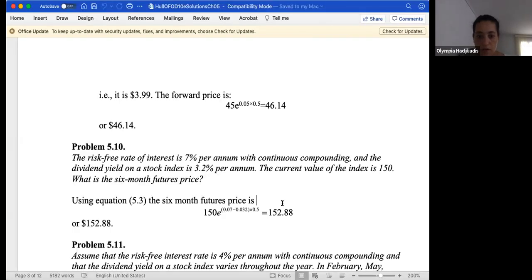So basically it's 150 times e to the (0.07, the risk-free rate, minus the dividend yield, 0.032) times 0.5, because it is a 6-month futures price that we're looking for, and that's 152.88.